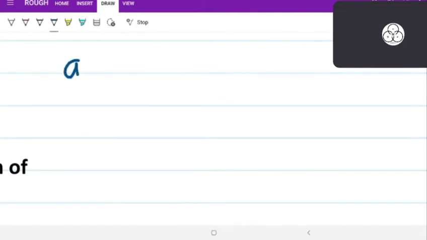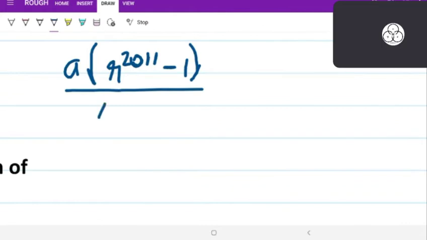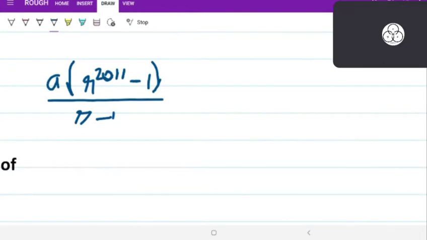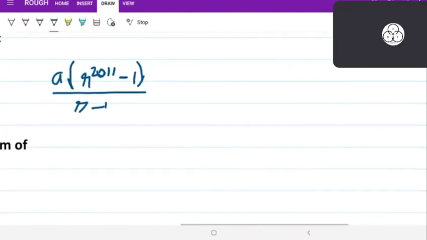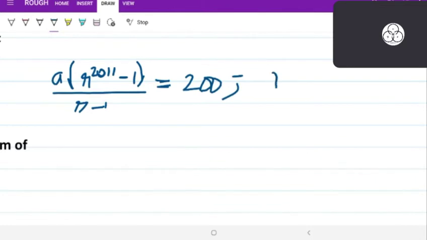So let me write this normal equation. A times (R to the power 2011 minus 1) divided by (R minus 1) equals 200.